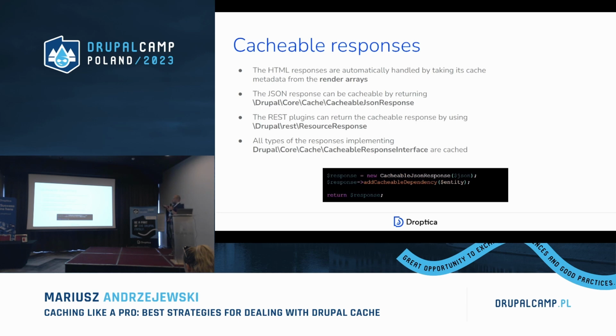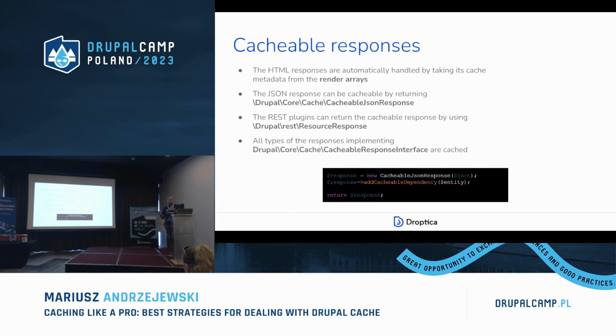We can also return our JSON response as cacheable, not just JSON that is fetched again and again with fresh data, by using the cacheable JSON response.